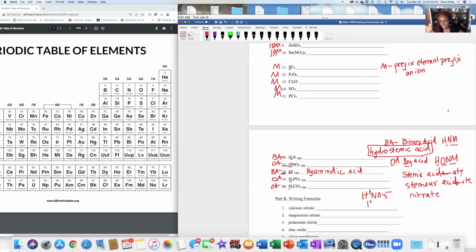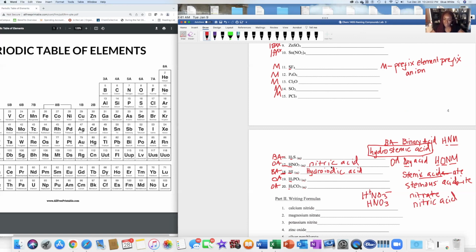And then the acid, which is just this compound here, is named by replacing the ate with ic acid. Nitric acid. Excuse the bad handwriting.